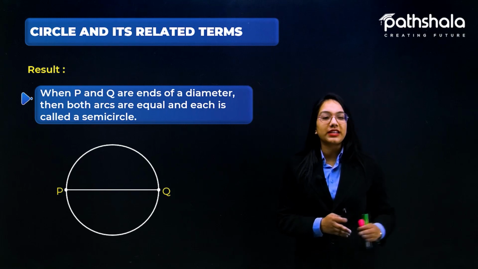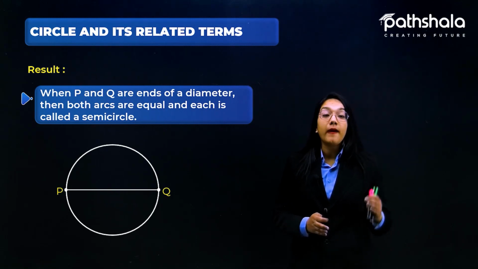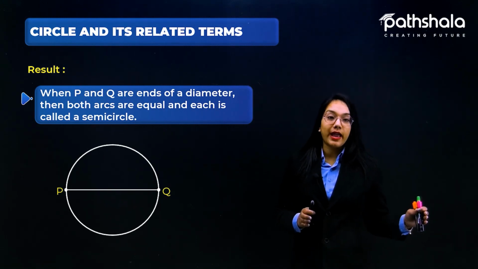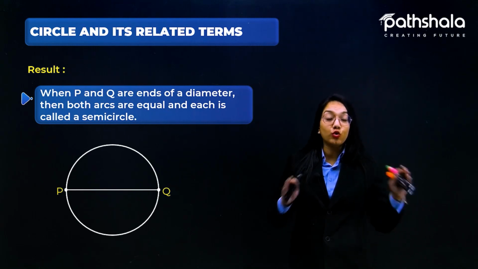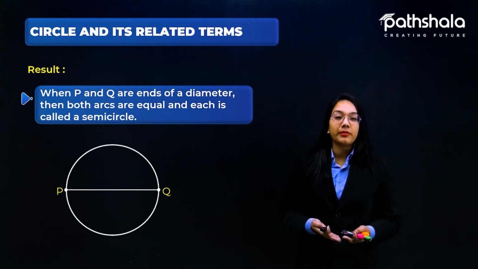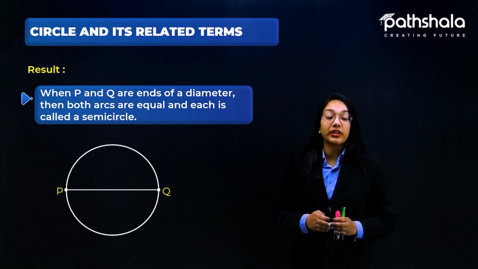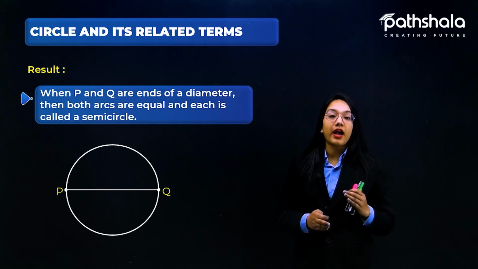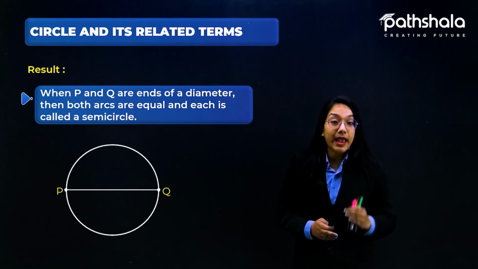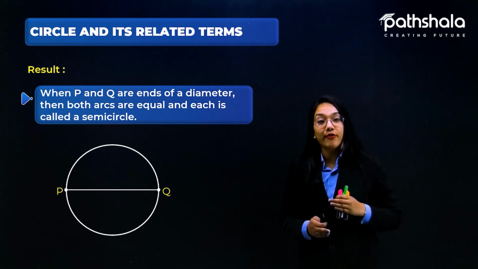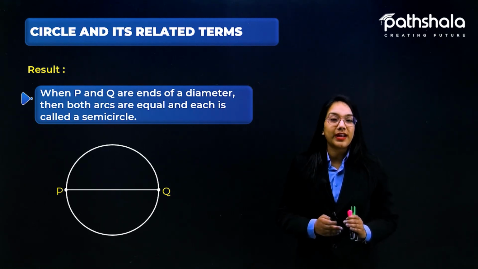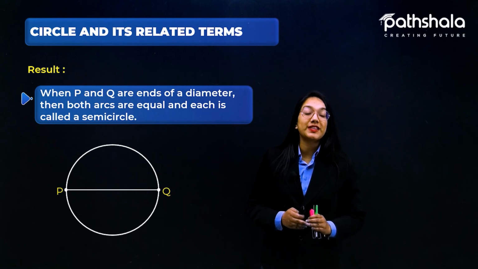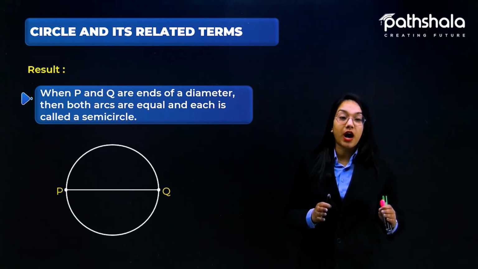You can see this fact. If I draw P and Q as the ends of a diameter, then definitely the two parts should be equal to each other, meaning the two arcs should be equal, and in each case they are called a semicircle, meaning half of a circle. So this is a special result related to arcs.